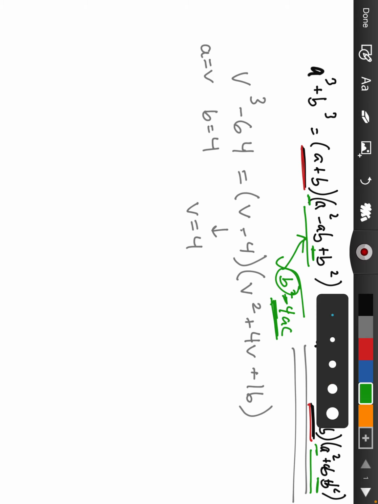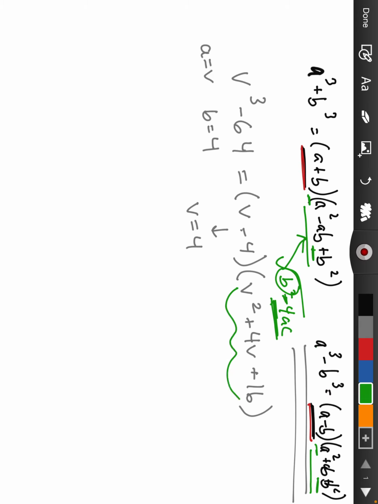And now we have to deal with this part, which is the unreal solution. So we have to use the quadratic formula. So v is going to equal negative b plus or minus the square root of b squared minus 4ac, all divided by 2a.